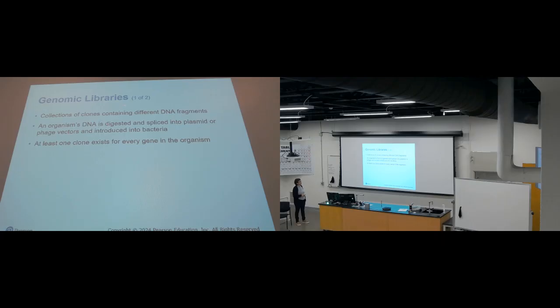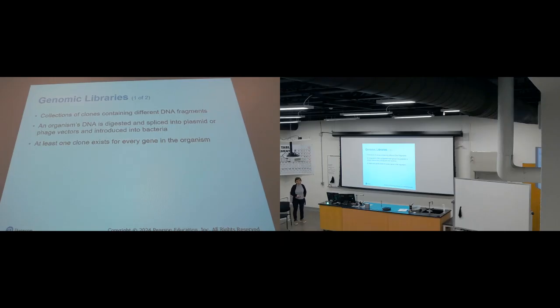So when you have these insertions of genes into a recipient cell, you can extract these genes from these cells. You can use the same restriction enzymes to take this DNA away from your plasmids or your vectors, and then you can end up with several DNA fragments, and you can create your library.